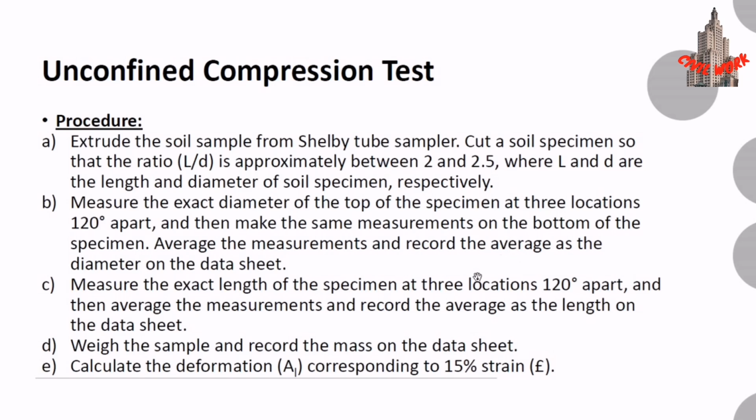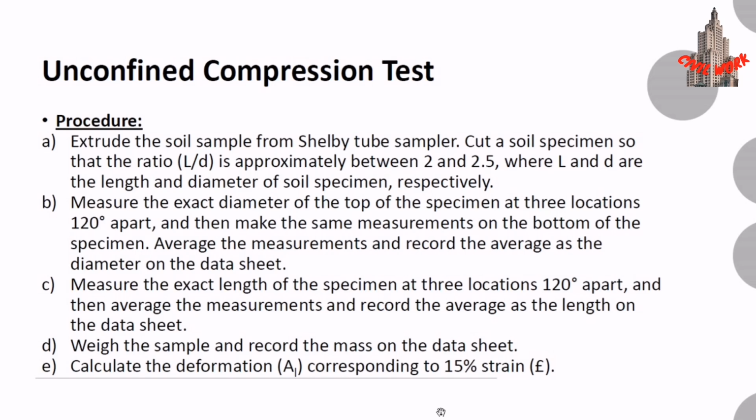our first sample. We are given the moisture content, or we can also calculate the moisture content of the soil from the electric oven, and then we have to make use of that moisture content for adding water in our sample to make our sample.